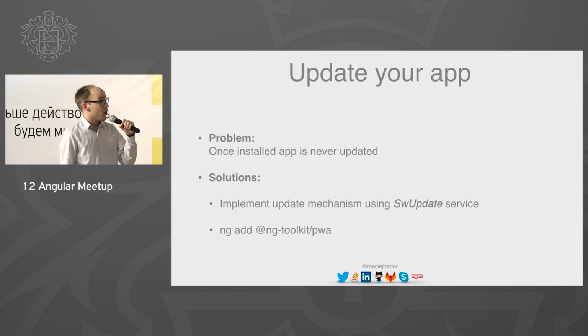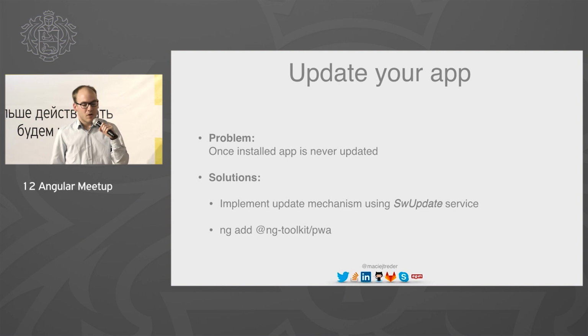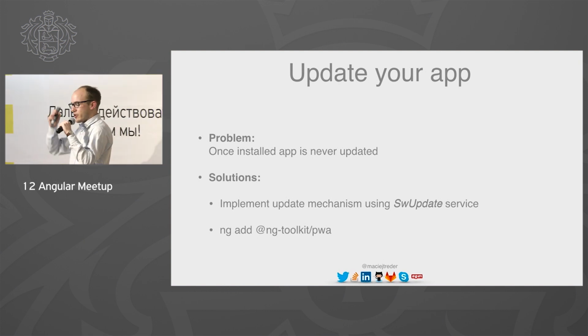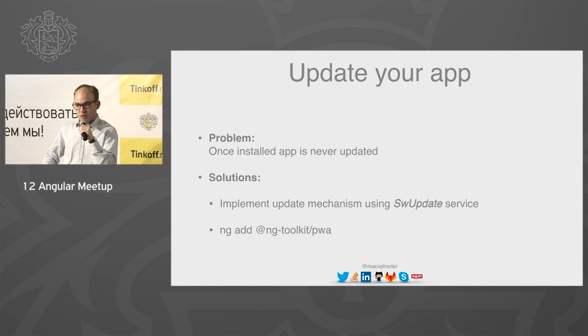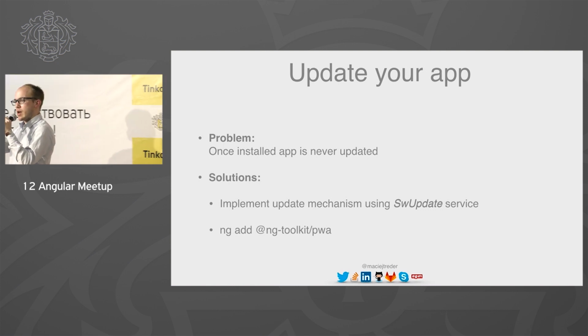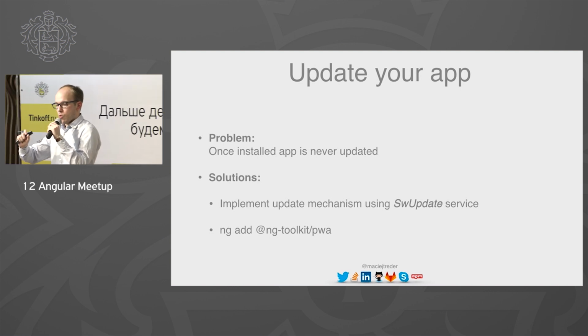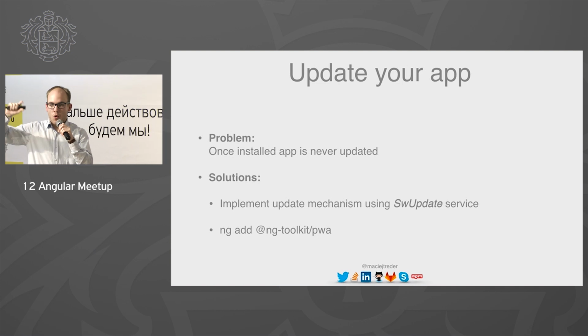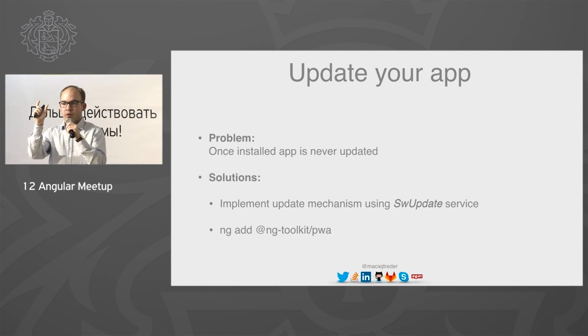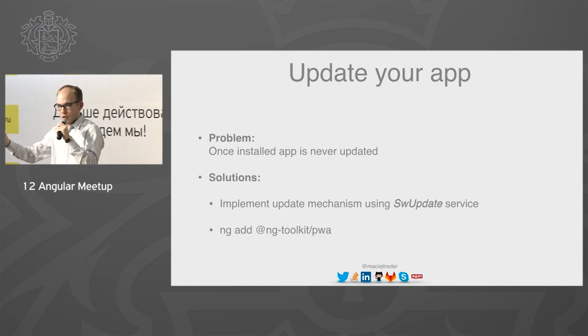The other pitfall is, in fact, the nightmare. How PWA works and how service worker works: we have a link in the HTML file in the header, which installs the JavaScript in the service worker.